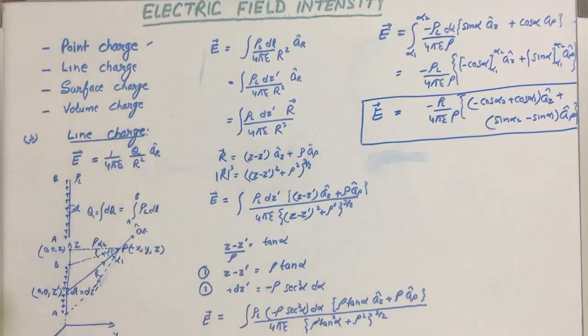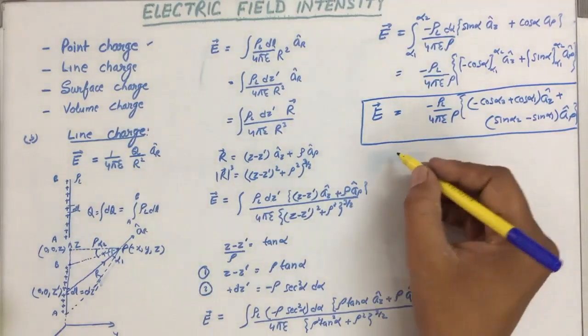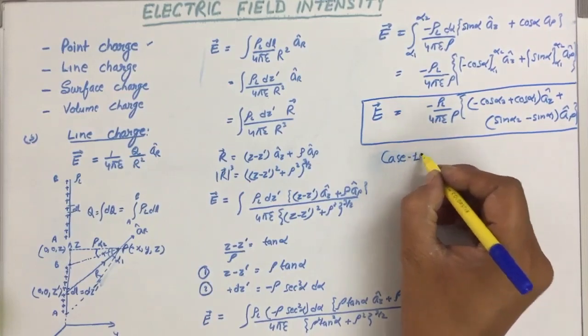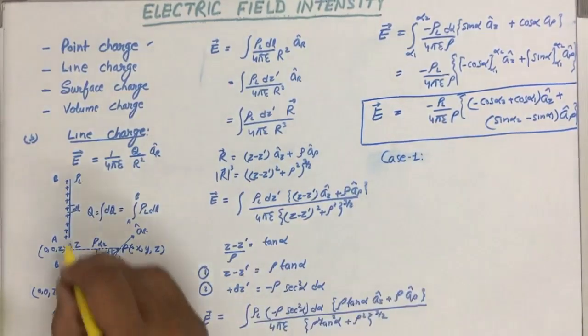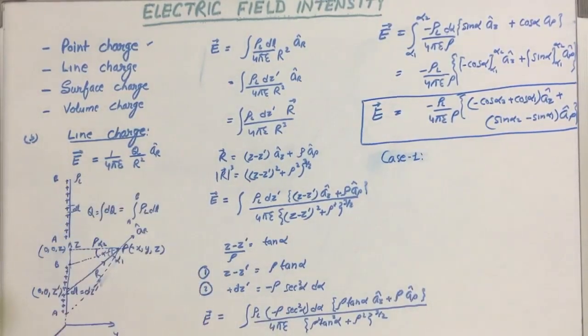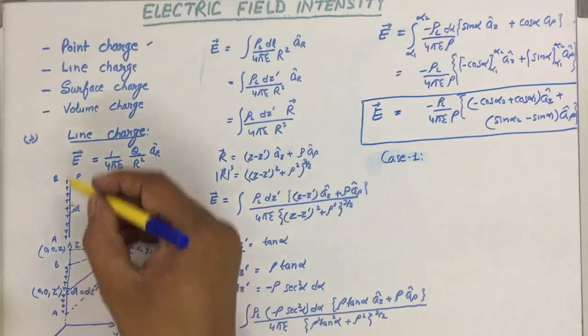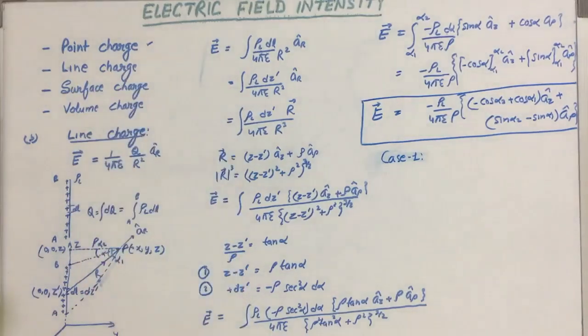Now let us consider some cases to make our understanding clear. Consider case 1, when the line charge is of infinite length. Wherever we consider point P, the upside of the line will be plus infinity and the downward side will be minus infinity.